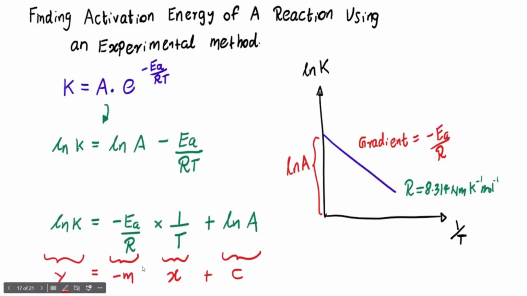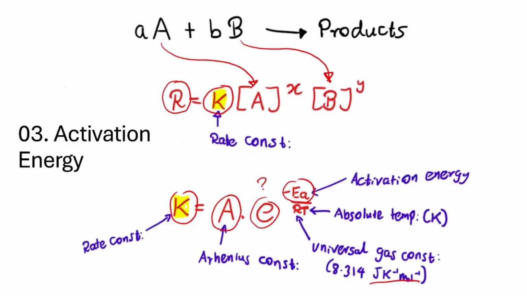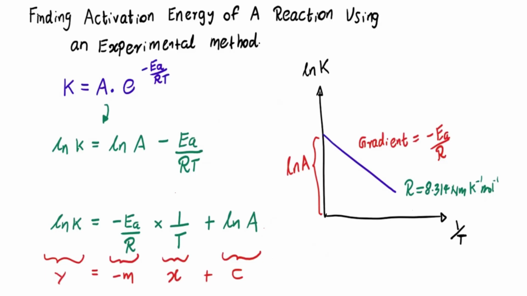The reason is that within this rate constant equation there's an equation hidden. Using it we can find the activation energy of a given reaction. It's like this. We have rate constant equals Arrhenius constant times exponential minus E over RT.